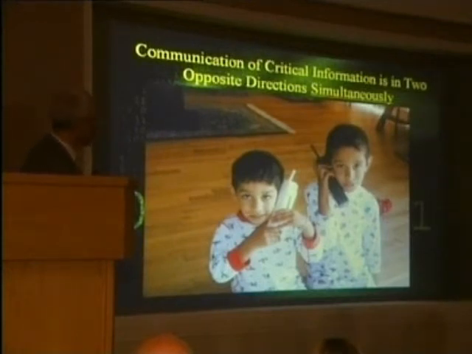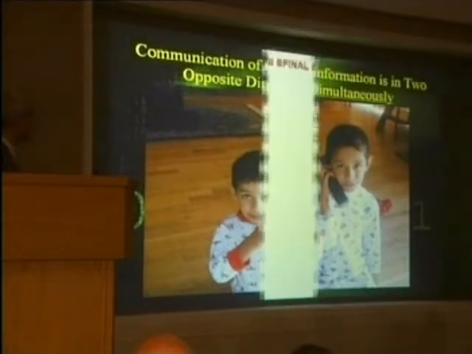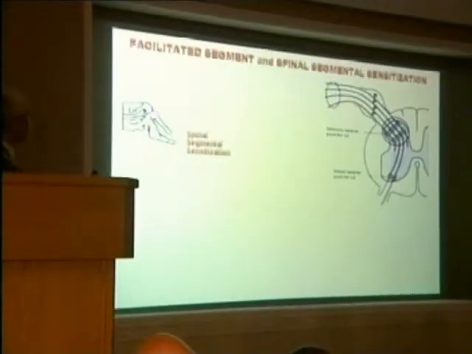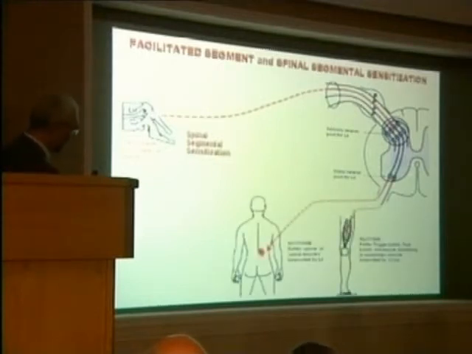But just showing you the communication, that it's, again, between the nociceptor and the central nervous system going in both directions, bidirectionally, simultaneously. So now one of the important things to realize is that no matter where the nociceptive input is coming in from, and we're going to talk about this tomorrow, this can then, as I said, sensitize that particular segment, in this case if it's L4, all right, which will lead to increased activation of the anterior horn cell, the motor neuron, of L4 innervated structures, whether they be in the paraspinal muscles or in the extremities, right?